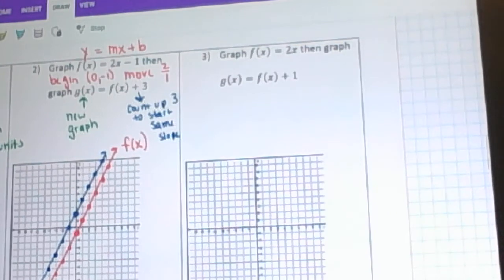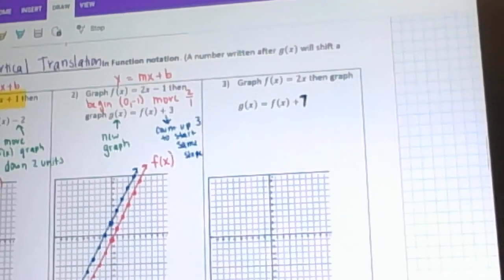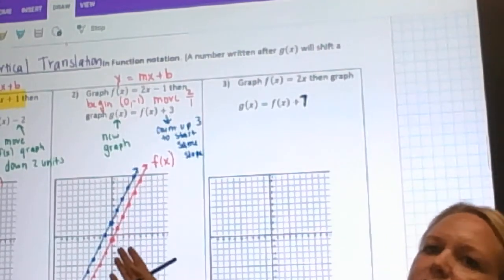Did anybody start number 3 yet? Did anybody do G on number 3 yet? I want to change it. But I want to change number 3 to look different. Can everybody make this a 7? Because these are like the tiniest, lamest moves, and I want to do a big move.